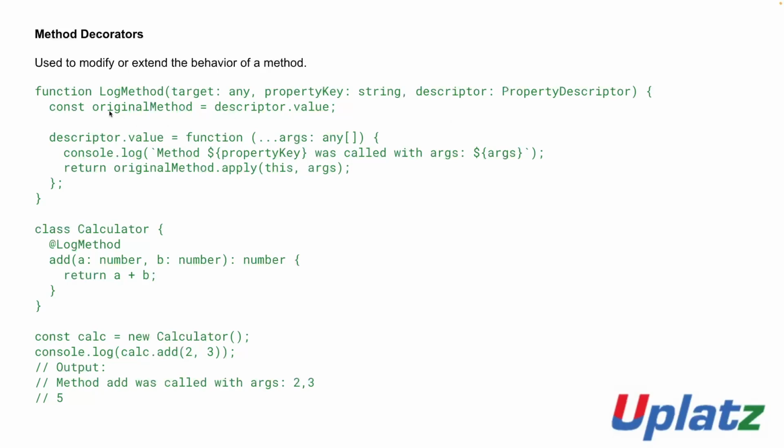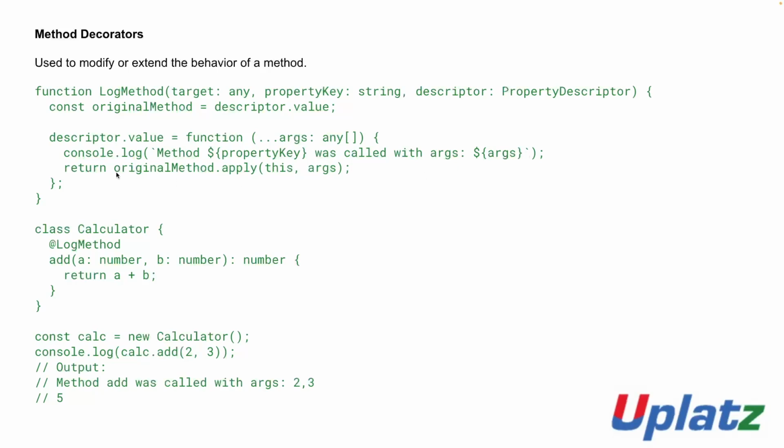Then const originalMethod is equal to descriptor.value. descriptor.value is equal to function within brackets, triple dot args of type any array. console.log within backticks, method dollar propertyKey was called with args colon dollar within curly braces args.